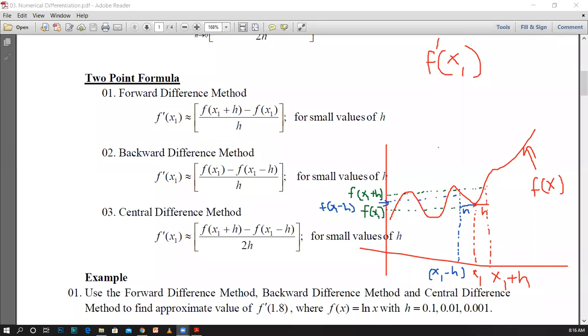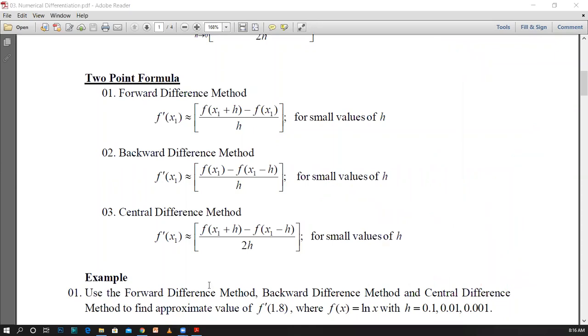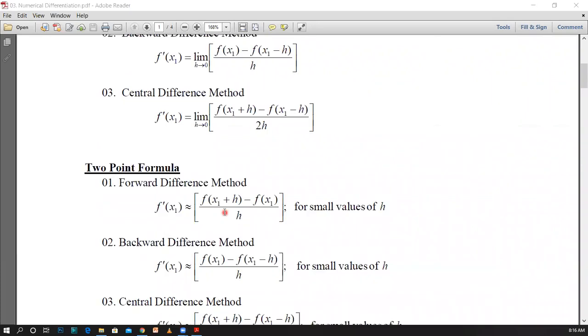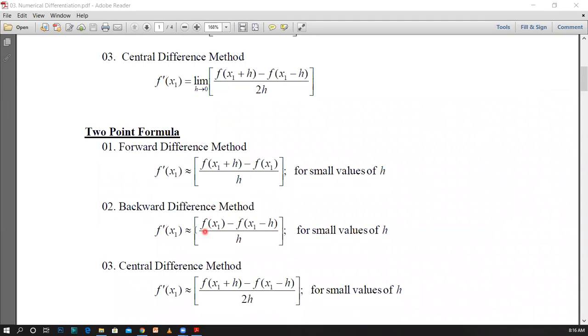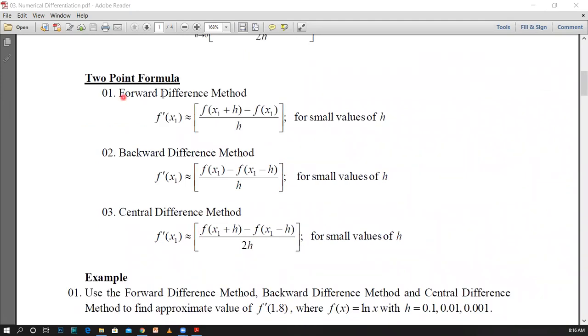Now we'll see what these techniques are. The 2-point formulas are the same as the methods that we have discussed previously. Here the forward differencing technique gives the value for the derivative of the function f at the given point x1.